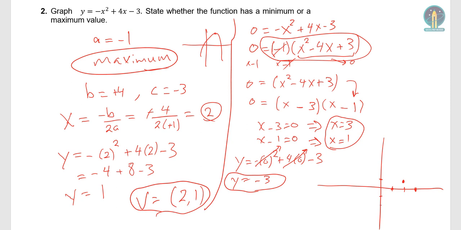So minus 1, minus 2, and minus 3. So this is the y-intercept, and these are the two x-intercepts, and this is the vertex. And then just graph our equation just like that. And on the other side also. So just like this. And there you go. Vertex, y-intercept, x-intercepts.